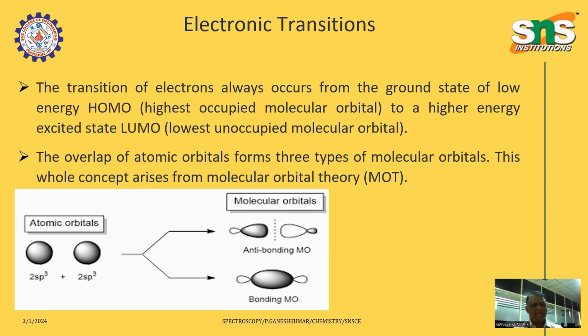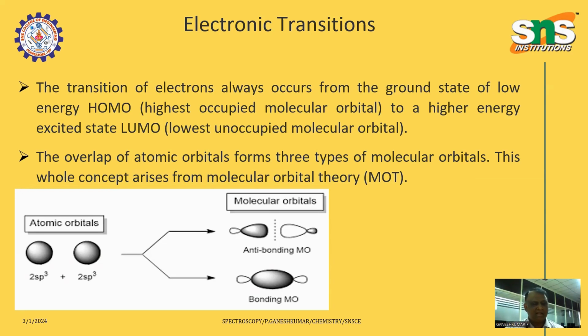For example, one atom has an orbital, another atom has an orbital, and both atomic orbitals combine together and a new orbital is formed, which we call a molecular orbital, like H and H combine to form H2.